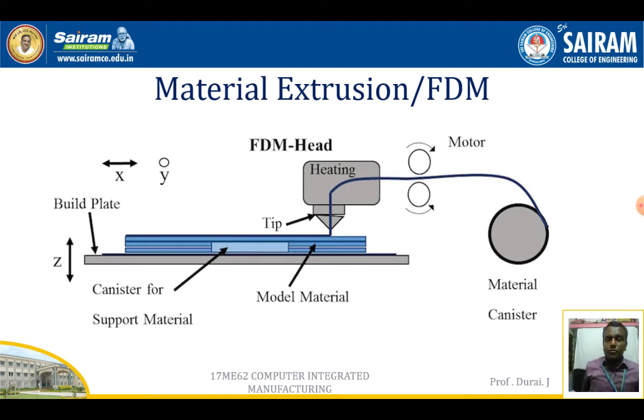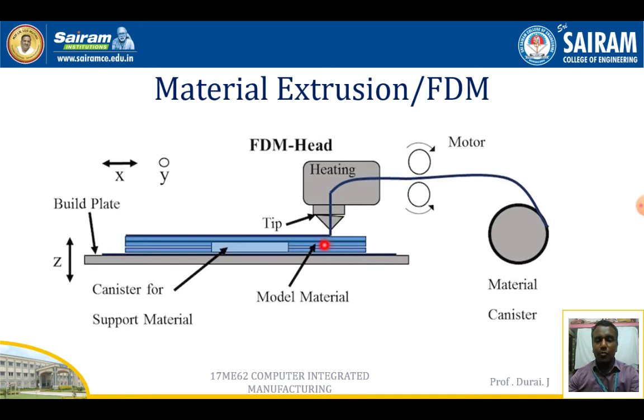Now we are going to see the process steps. The filament in the form of a spool is drawn into the nozzle, where the heater melts it. Then, under constant pressure, the nozzle deposits the melted material on the build platform.